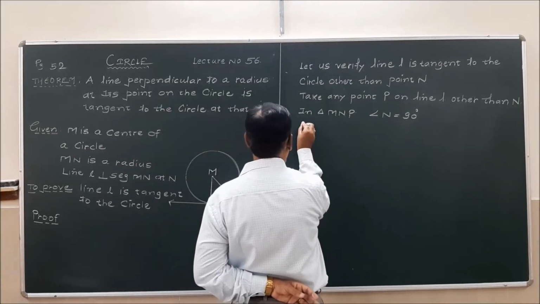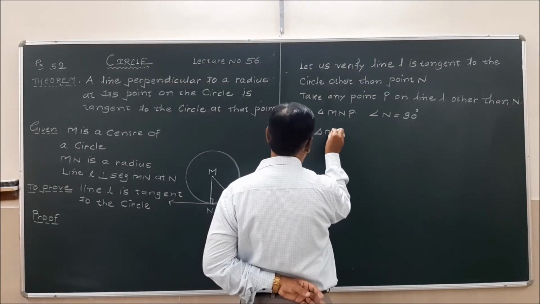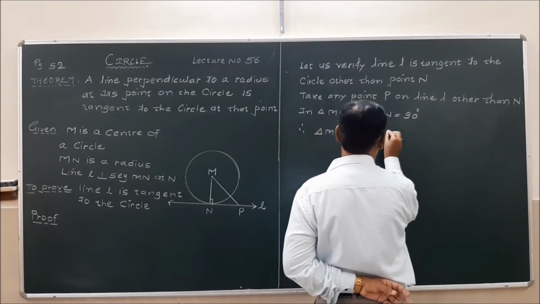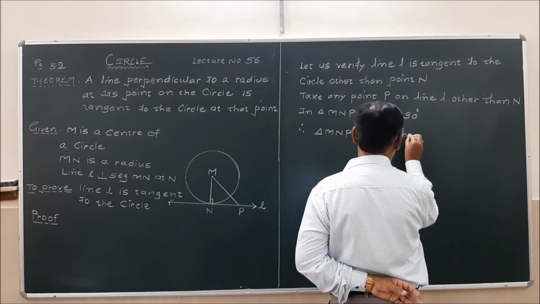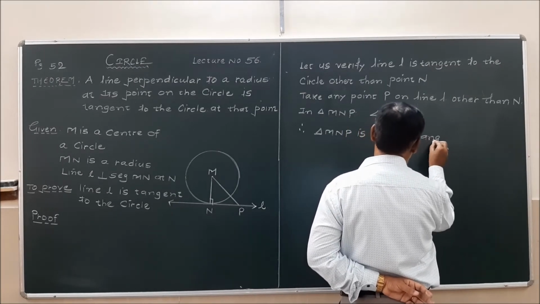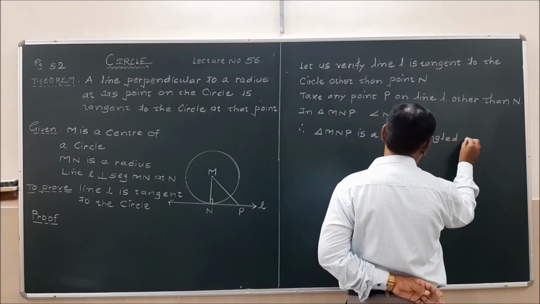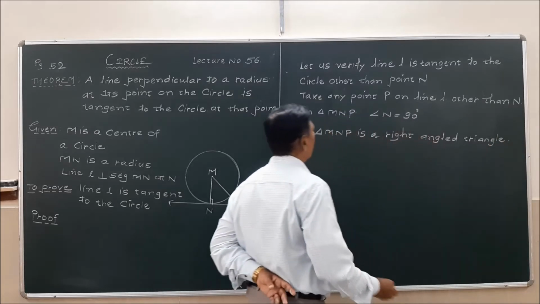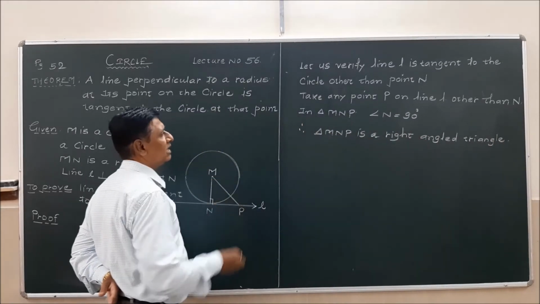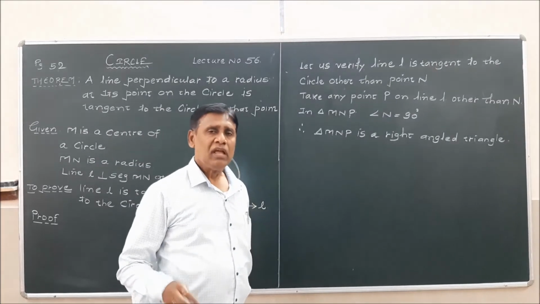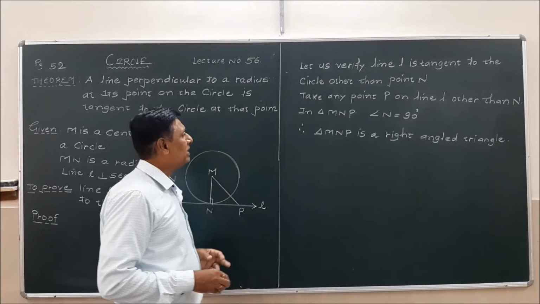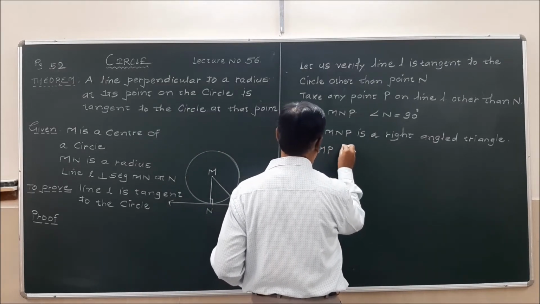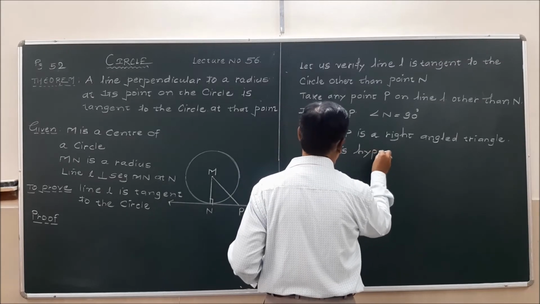Therefore, triangle MNP is a right angle triangle. Now, if it is a right angle triangle, MP is the hypotenuse.